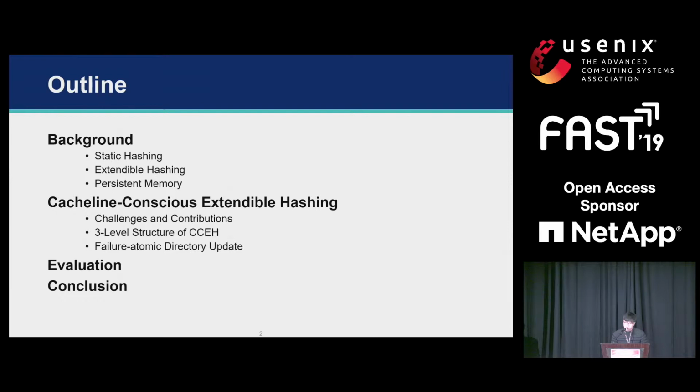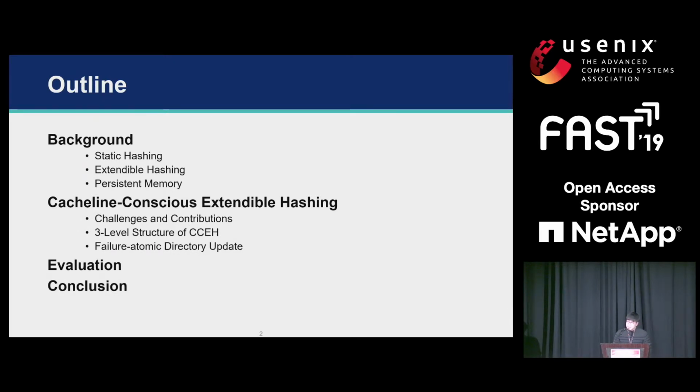The outline of this talk is as follows. I will briefly go over some background knowledge about static hashing schemes and their limitations. Then I will explain how the limitation can be overcome with legacy dynamic extendable hashing and briefly review persistent memory. However, the legacy extendable hashing cannot be used for persistent memory in its current form.